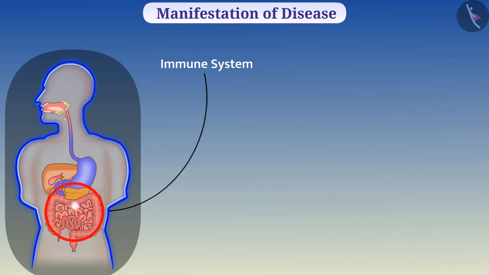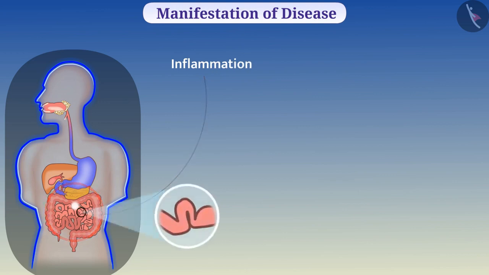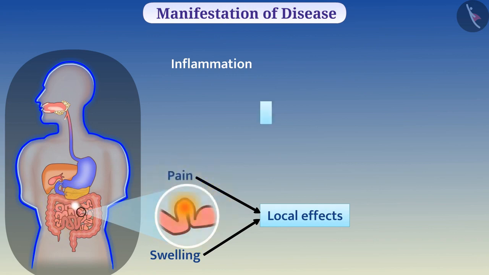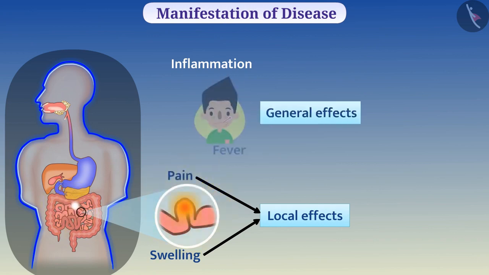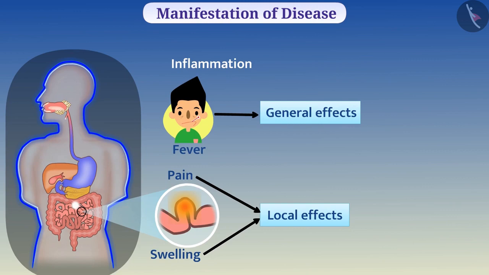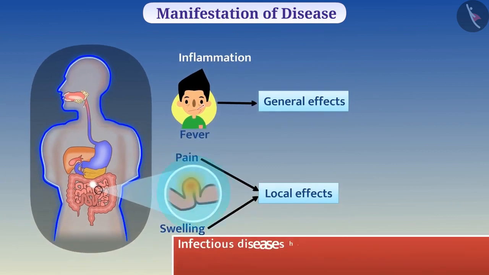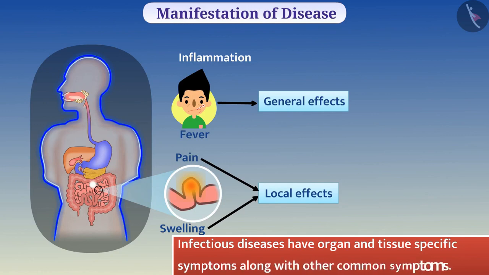This process is called inflammation. Due to inflammation, local effects such as swelling and pain and general effects such as fever occur. Therefore, infectious diseases have organ and tissue-specific symptoms along with other common symptoms.